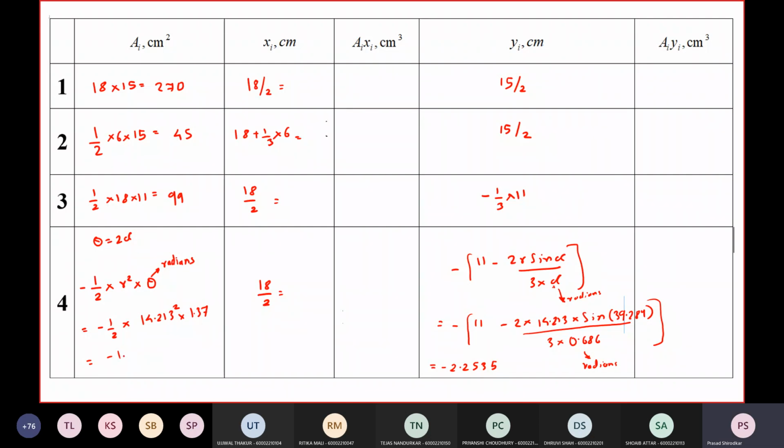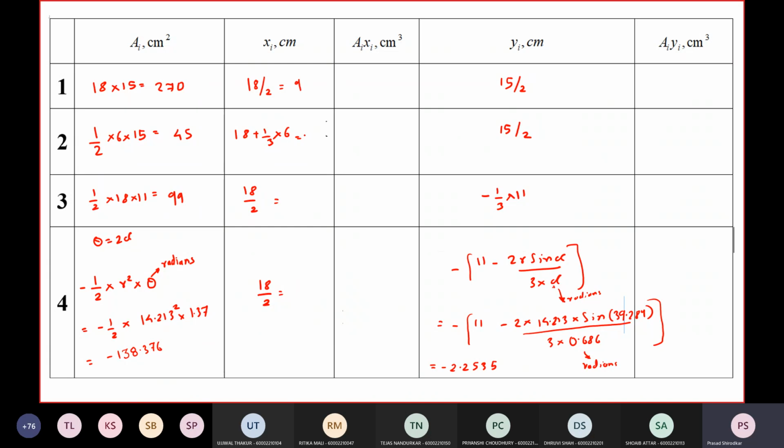How much is that? You use your 136.72. I am getting 138. Then xi: 9, 9.